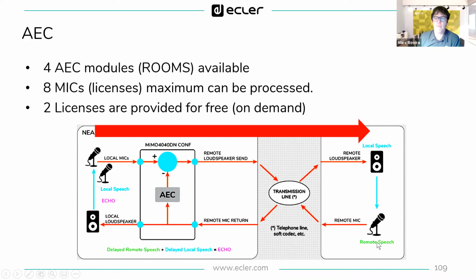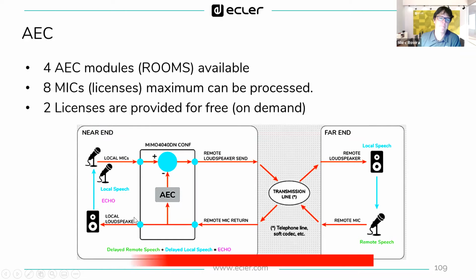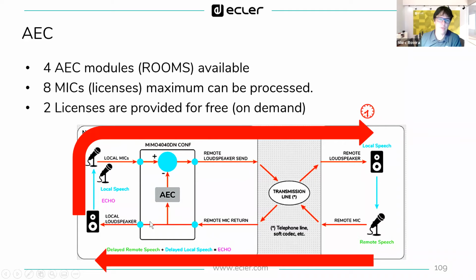So in case my partner speaks back, he will use his microphone, and this will be sent back and processed. And here is the acoustic echo cancellation. So when is this echo produced?